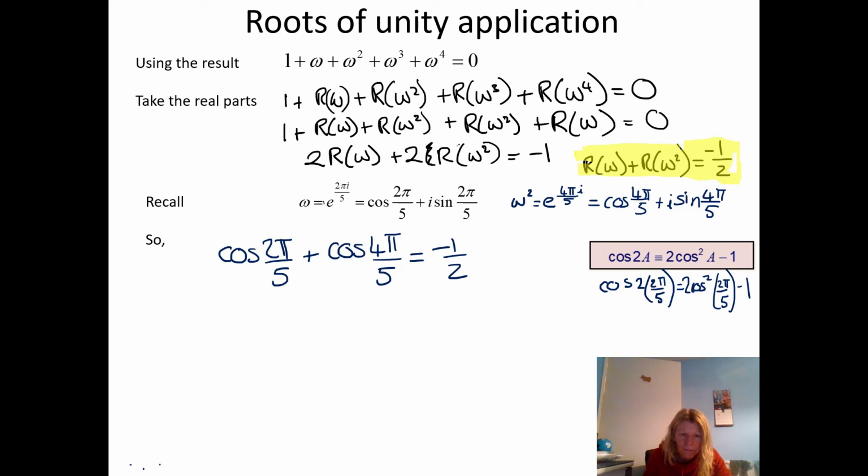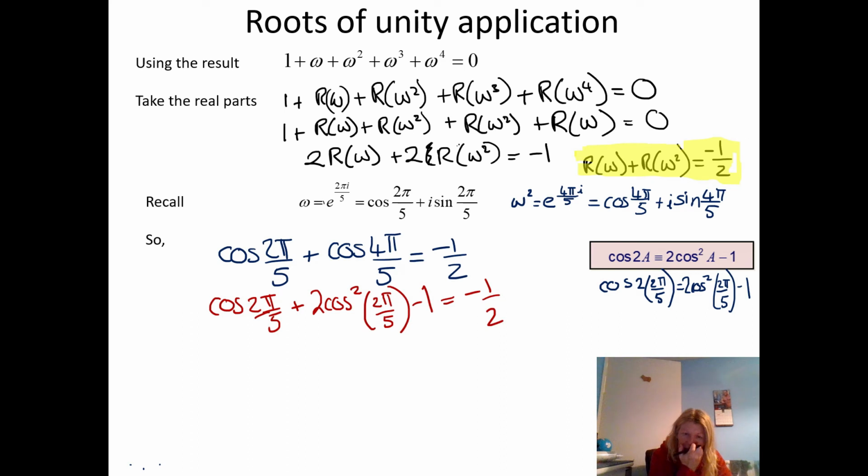So I've got cos 2 pi over 5 plus 2 cos squared 2 pi over 5 minus 1 equals minus 1/2. Right, now we've got a quadratic in terms of cos 2 pi over 5.